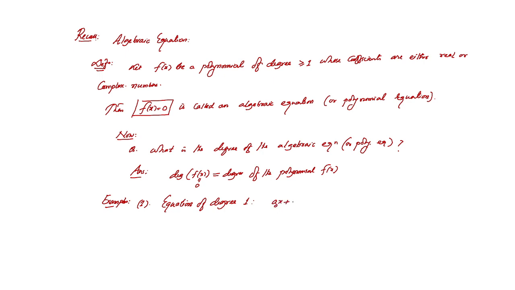So I have written a0x plus a1 equals 0, where I said degree 1, that means the coefficient a0 is non-zero, and a0, a1 are either real or complex numbers. This is called the linear equation.